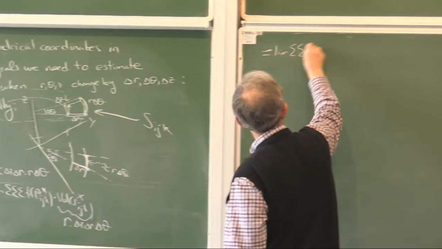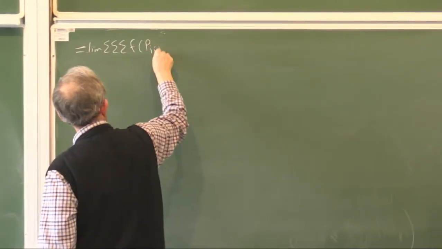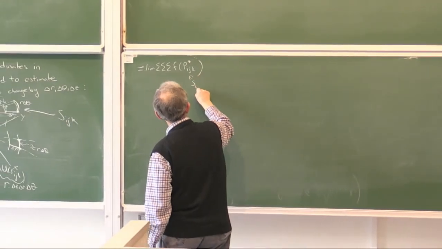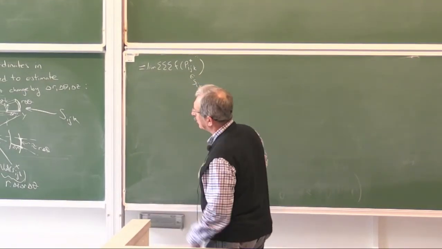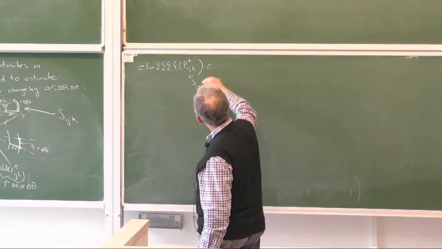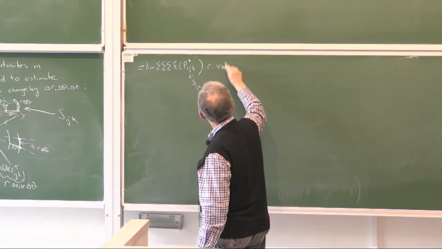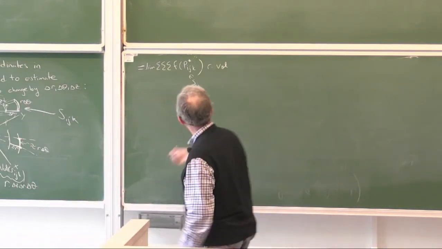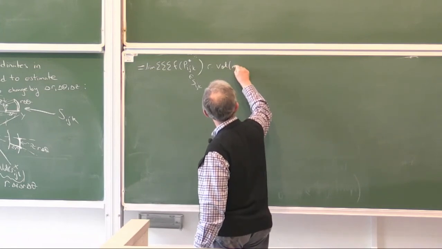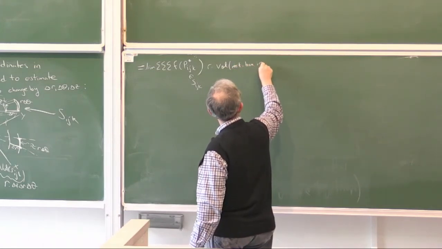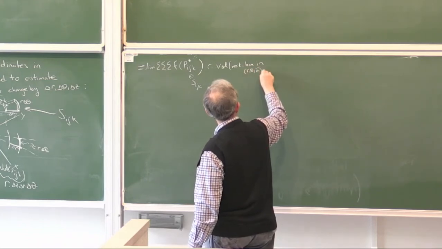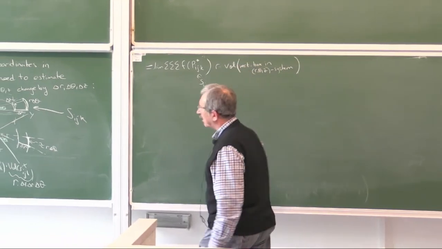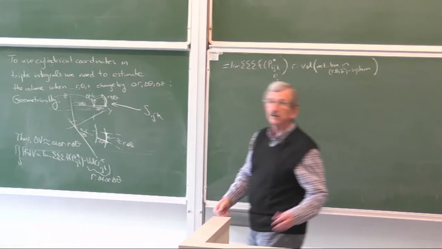It's the limit of f at p_ijk star, which must be chosen, of course, from S_ijk, and the volume will become r times the volume of the rectangular box in r theta Z, because the sides are delta Z, delta R, and delta theta, and you multiply them.